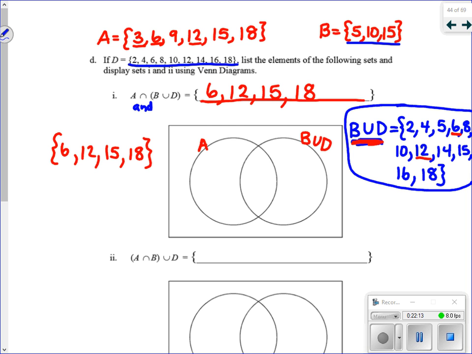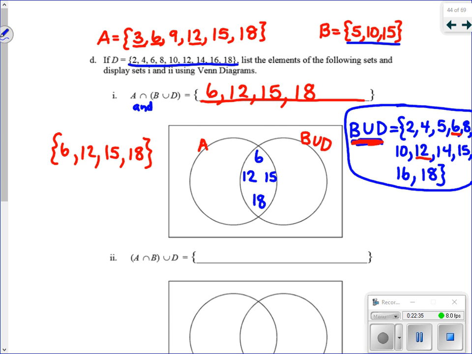So we're going to just put those in here, but we have to remember any that are in both, in the intersection of A with B union D, have to go in this middle part right here, right? Okay, so let's start by putting those guys in there. So that would be 6, 12, 15, and 18.